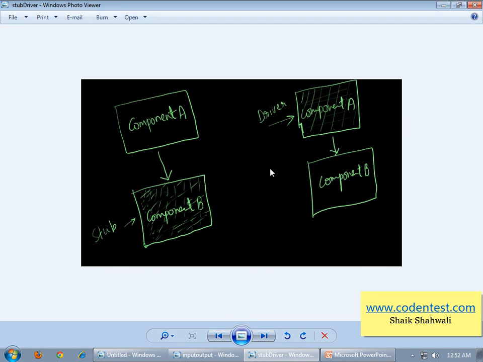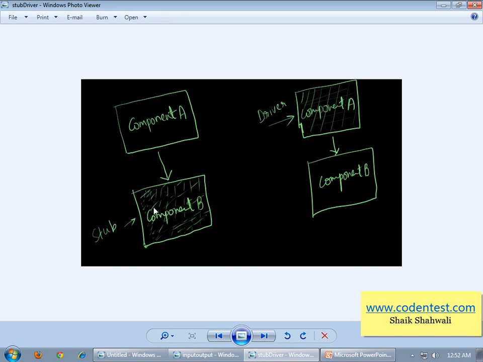We have stubs and drivers in integration testing. So here component A and component B should be combined and tested, but component B is not ready. So what do we do now? We write pseudocode for component B, and this pseudocode is called a stub.